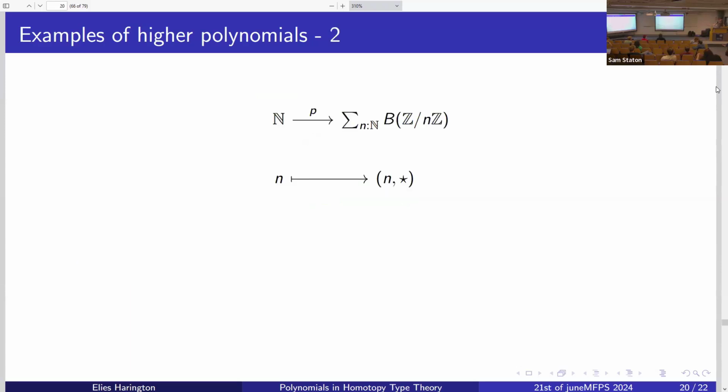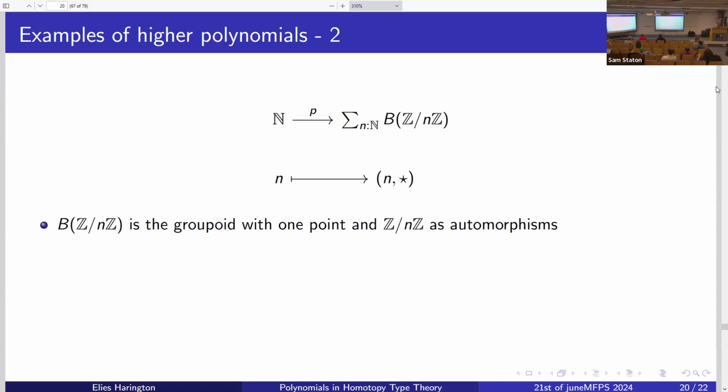And now for another example, if you take a map that sends a natural number to this monstrosity here. So this is actually just a groupoid whose objects are natural numbers, and where the automorphisms of the natural number n are given by the group Z over nZ, so the cyclic group on n elements.